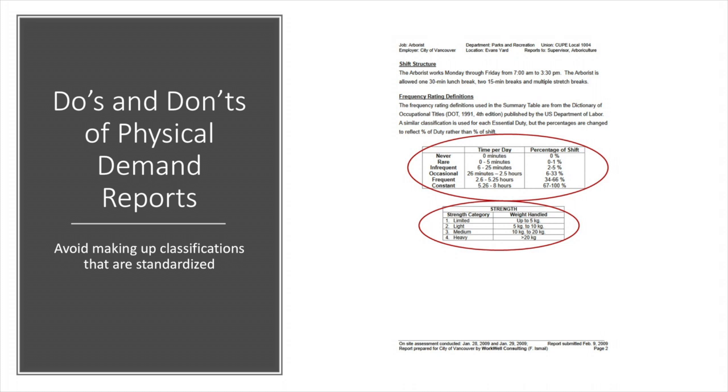Never, occasional, frequent, constant are the four terms that are used. Infrequent and rare are not terms used by the DOT. Don't make up stuff. Use terms that are part of a standardized process, the DOT. If you need information on that, shoot me an email. I can send you all the documentation for that.